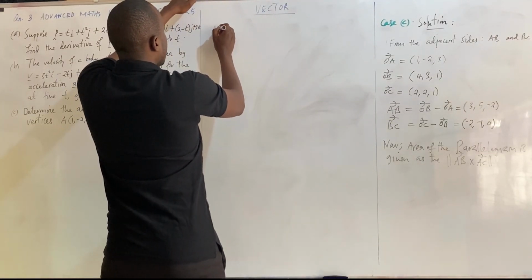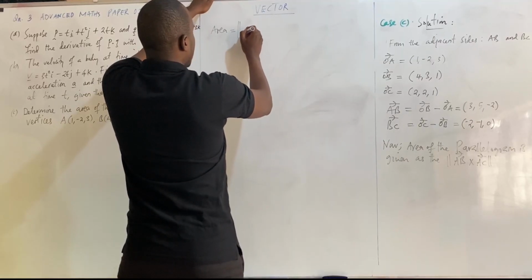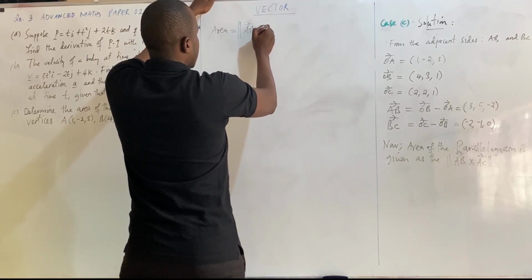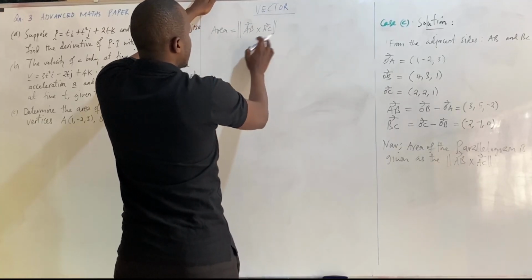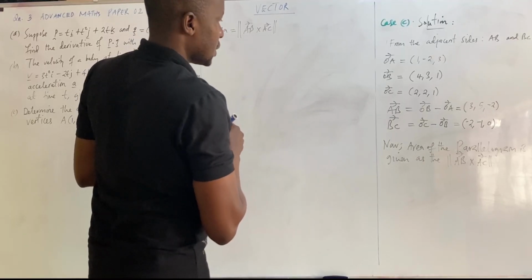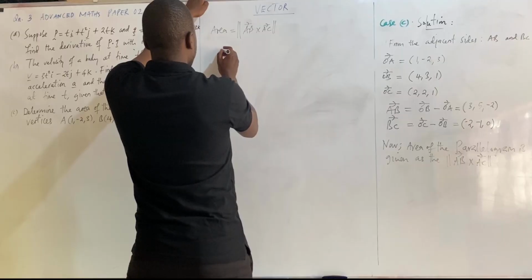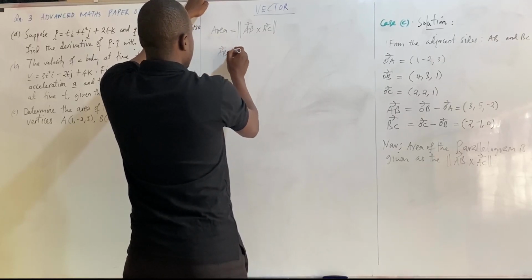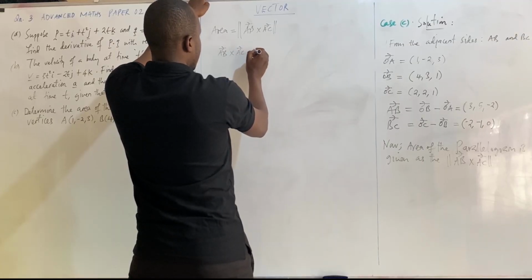So area equals the magnitude, or the modulus, of the box product. This double stand means the absolute bracket that represents the magnitude. So we need to find first the box product, the inside manipulation, AB and AC, to see what we get.